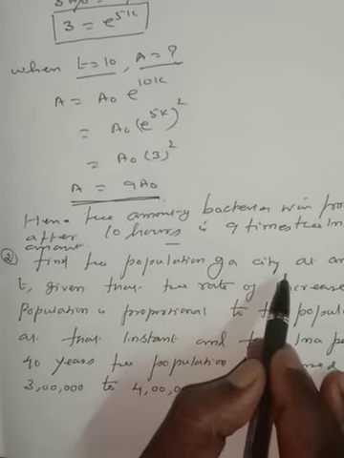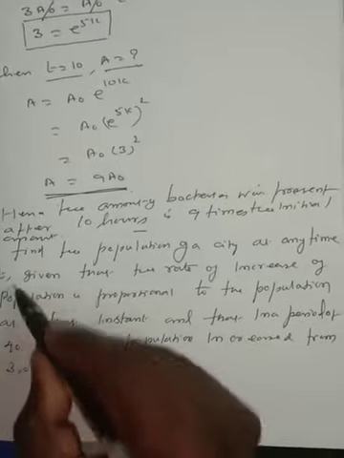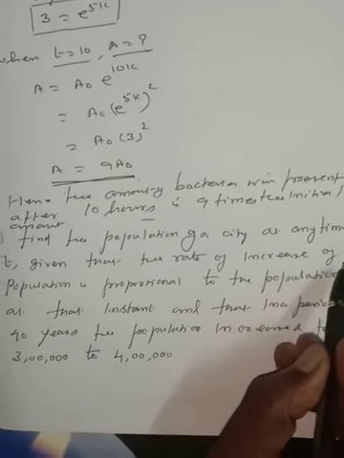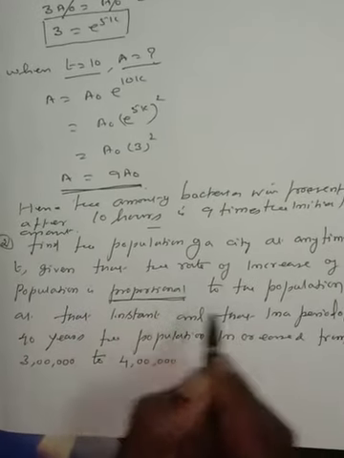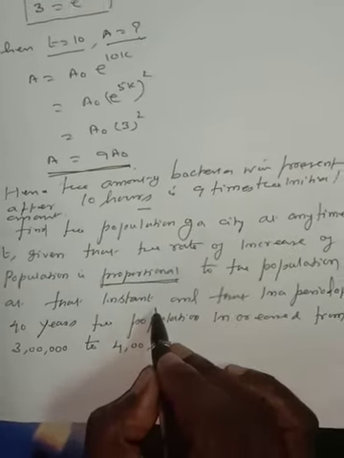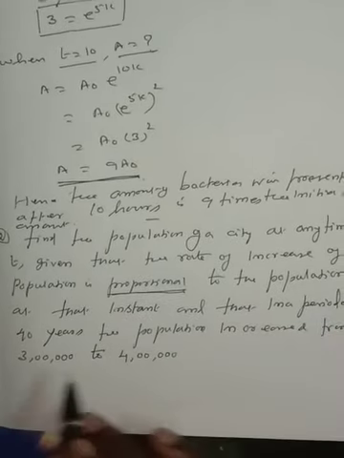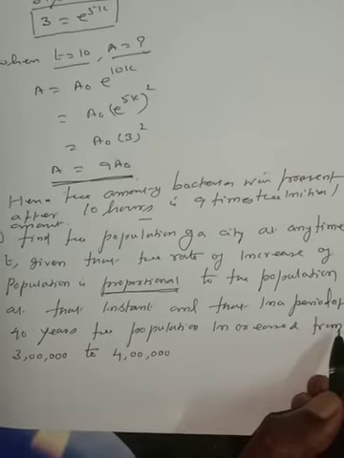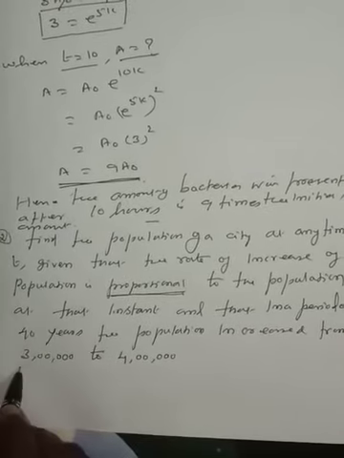The population of a city at any time t, given that the rate of increase of population is proportional to the population at that instant, and that in a period of 40 years the population increased from 3 lakhs to 4 lakhs.